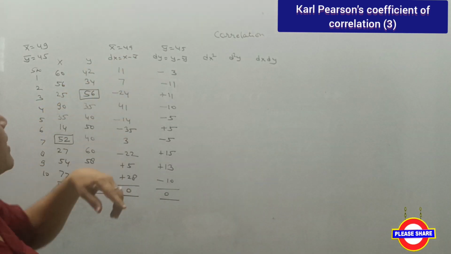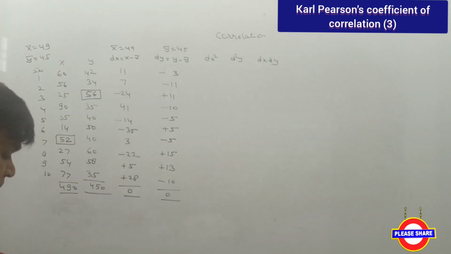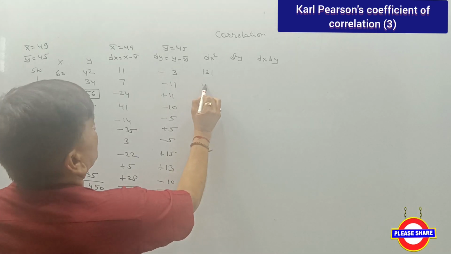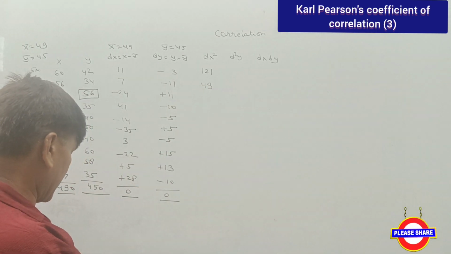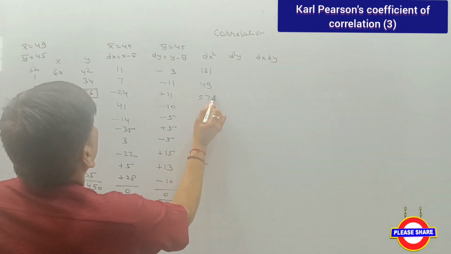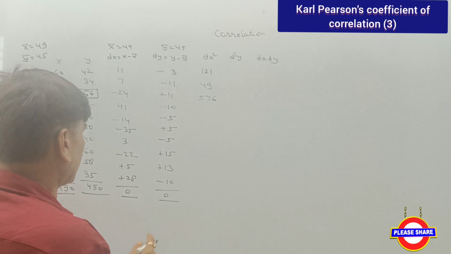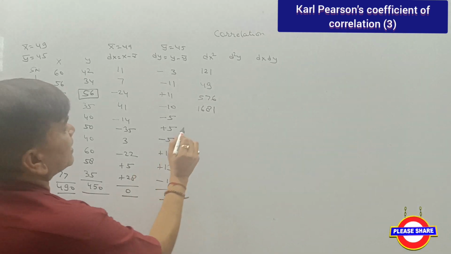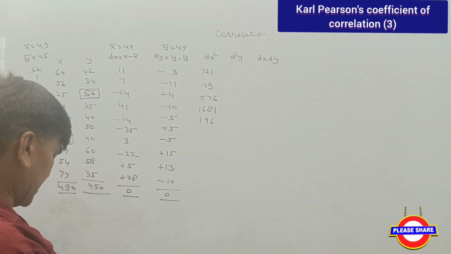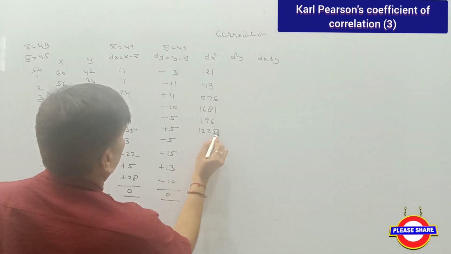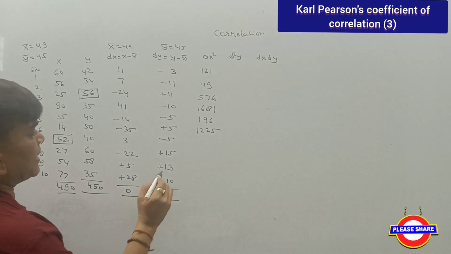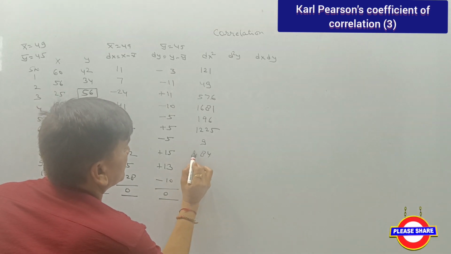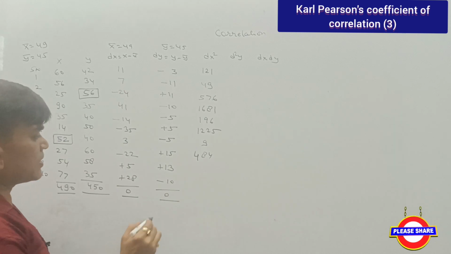Now for d square x, we have to calculate 11 multiply 11, that is 121. 7 multiply 7, that is 49. 24 multiply 24, that is 576. 41 multiply 41, that is 1681. 14 multiply 14, that is 196. 35 multiply 35, that is 1225. 3 multiply 3, that is 9. 22 multiply 22, that is 484. 5 multiply 5, that is 25.